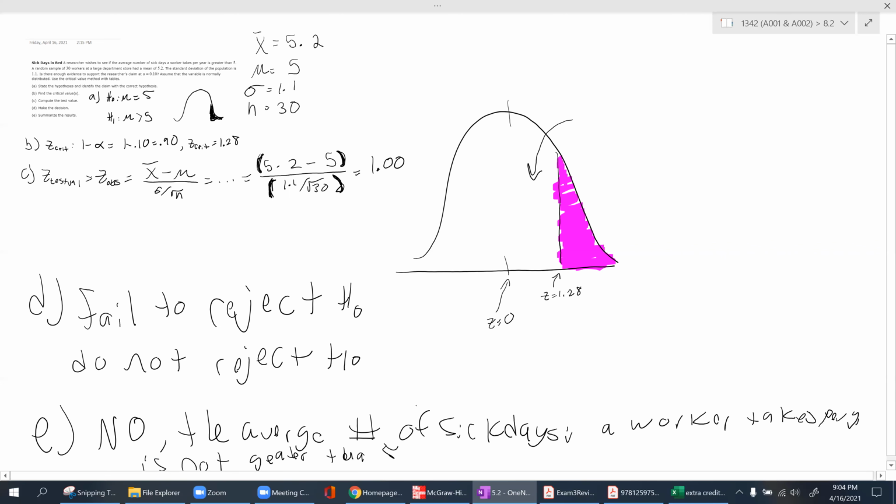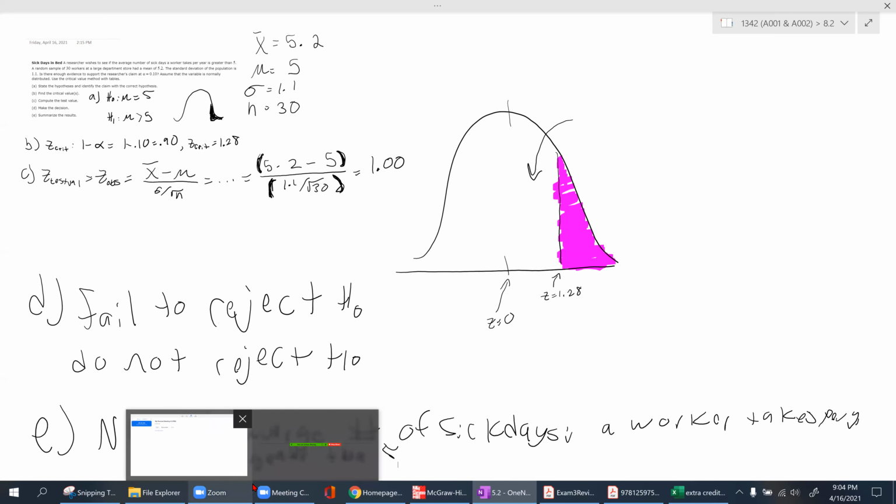There is no evidence to support that claim. Very nice.